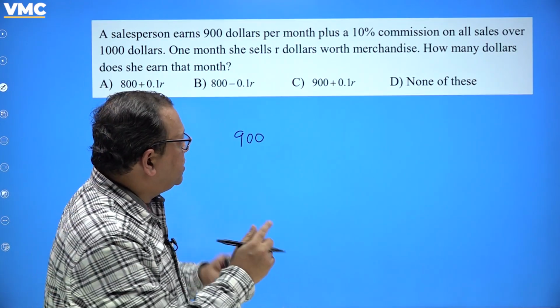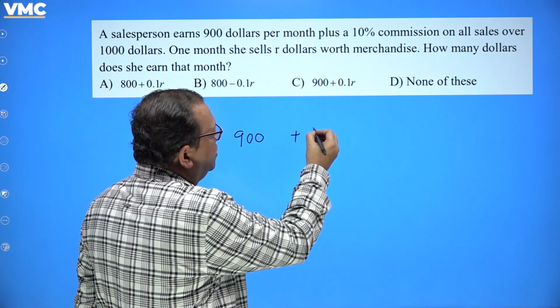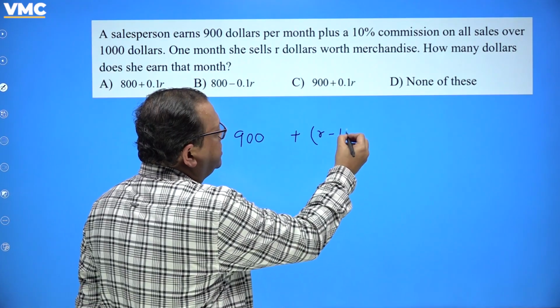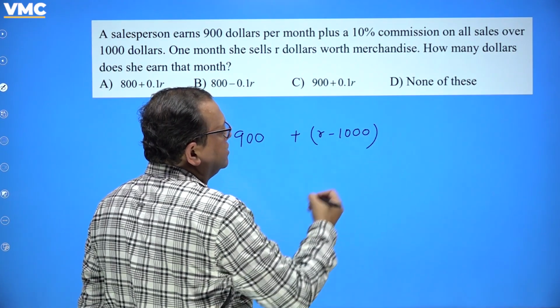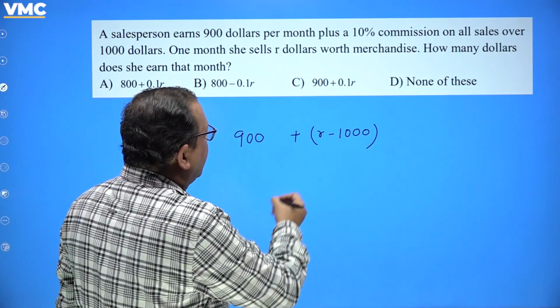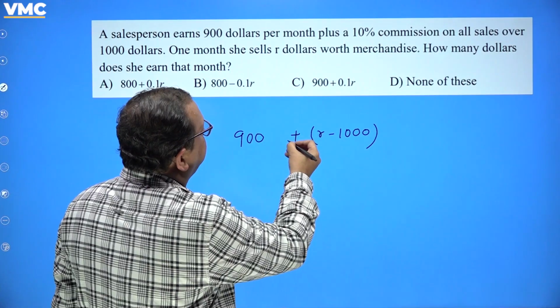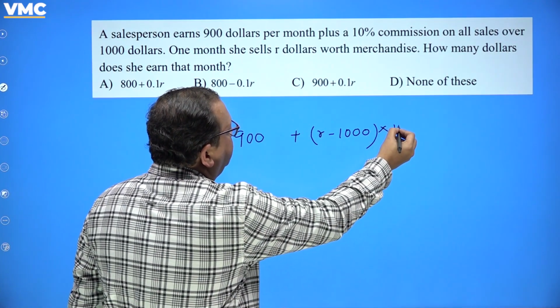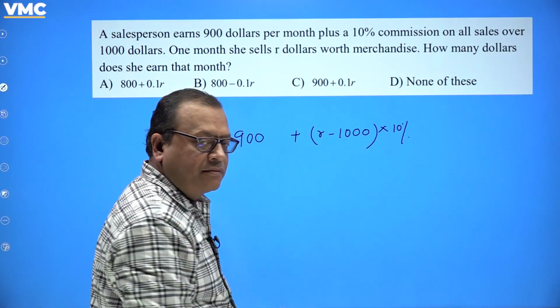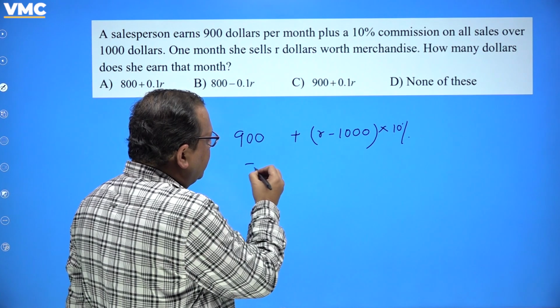So what is the commission earned? The commission has to be earned on R minus 1,000, and for that she gets a commission of 10%. So what is the total amount that she is earning?